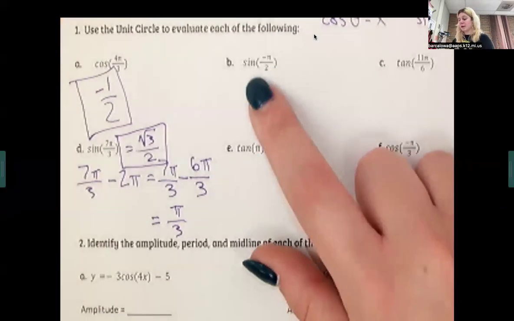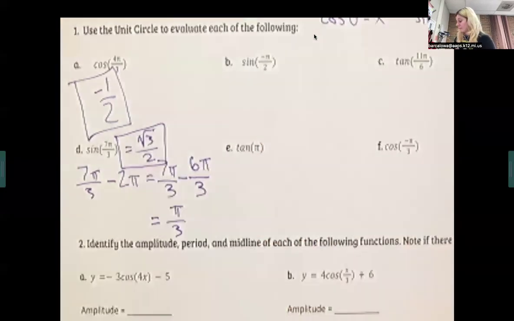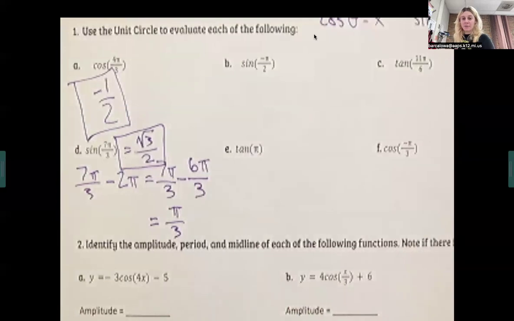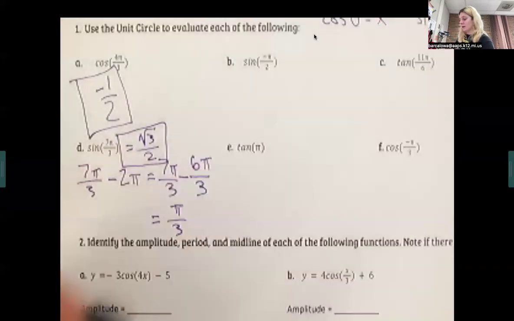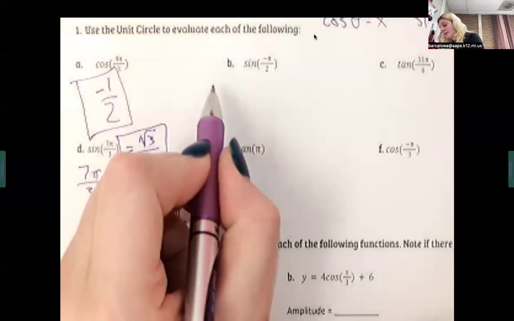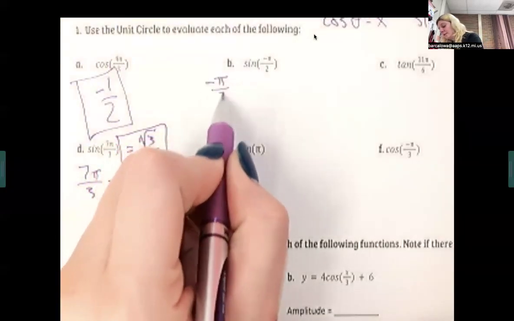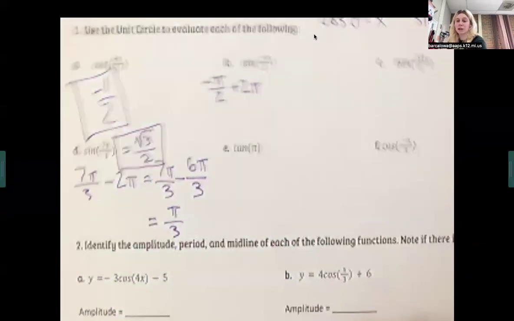Okay, let's come up here. Sine of negative pi over 2. Maybe you can figure that out by looking at your unit circle. Negative angles mean they go the other way, clockwise instead of counterclockwise, but we can also find a coterminal angle by adding or subtracting 2 pi. So negative pi over 2 plus 2 pi this time.